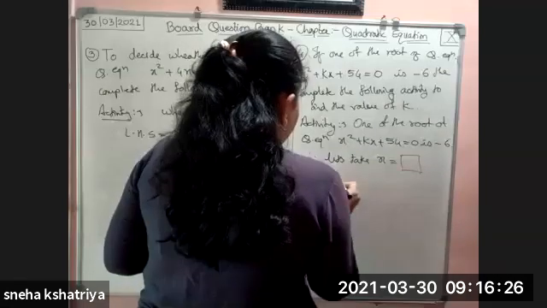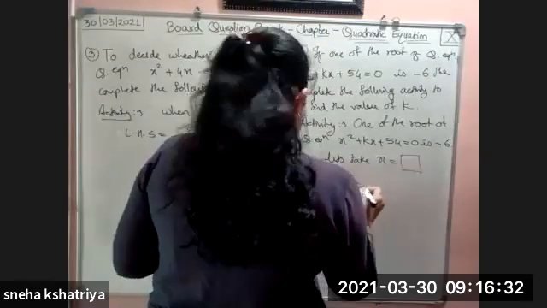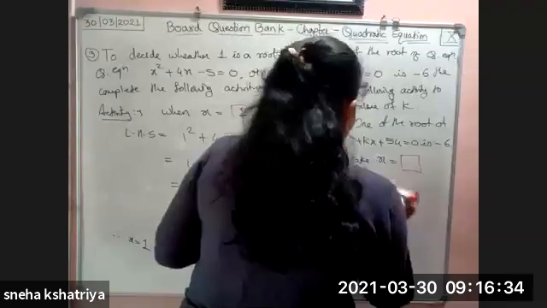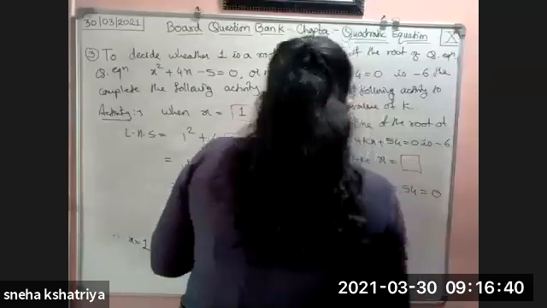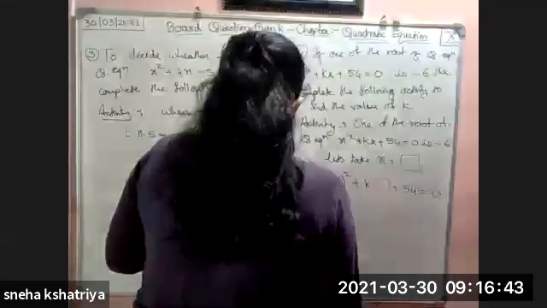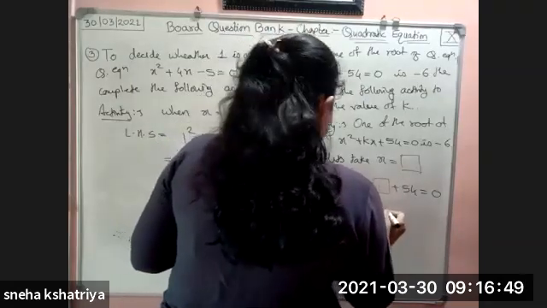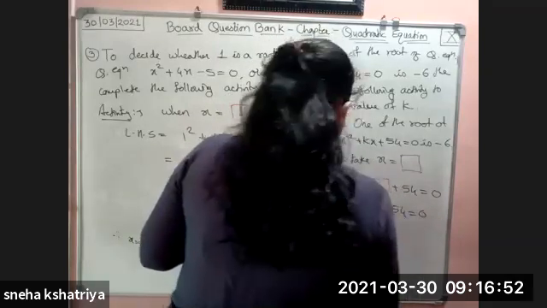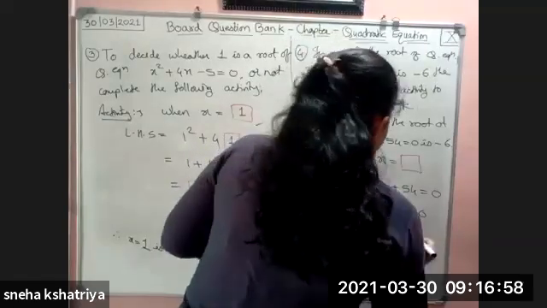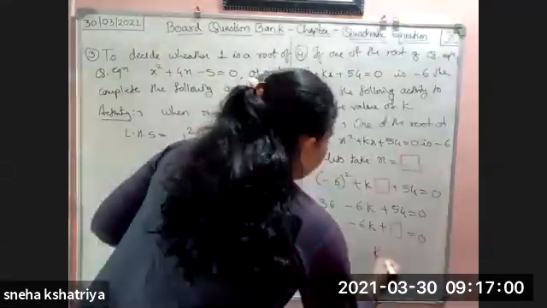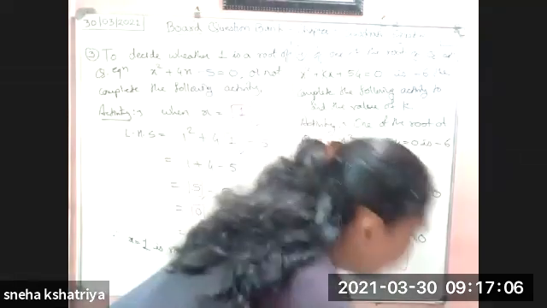Then it will become (-6) square plus k into, again a box, plus 54 which is equal to 0. 36 minus 6k plus 54 which is equal to 0. Minus 6k plus, again a box, which is equal to 0. And k is equal to the value of k, that again we have to find out.